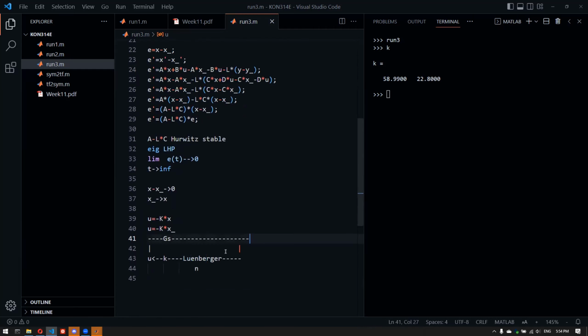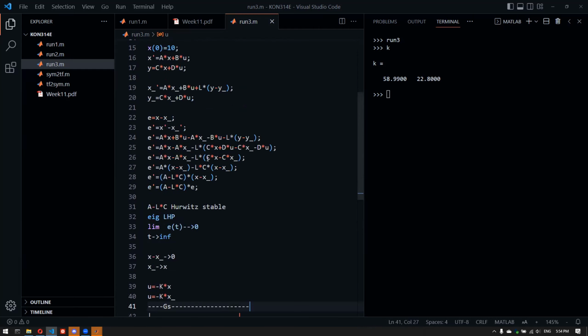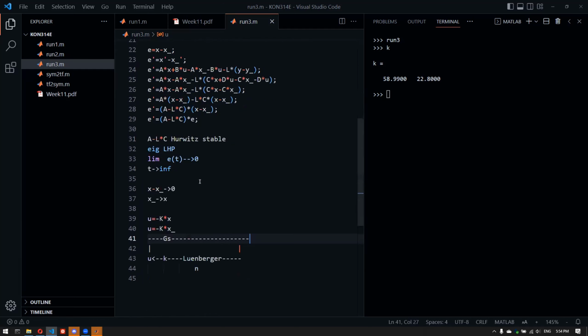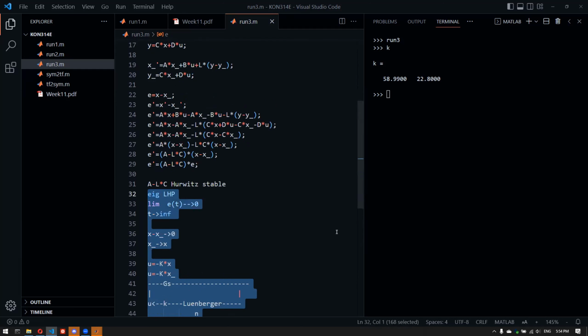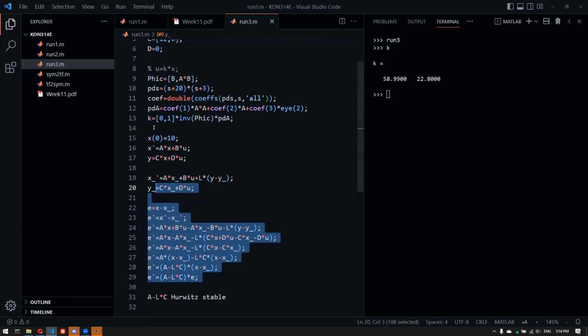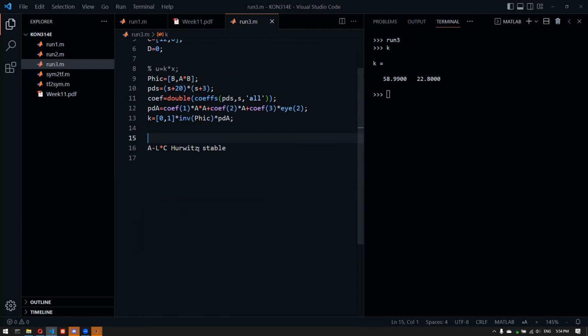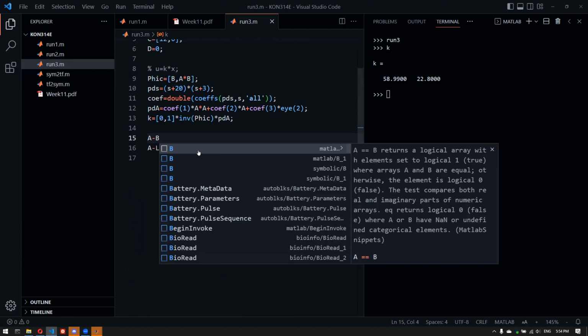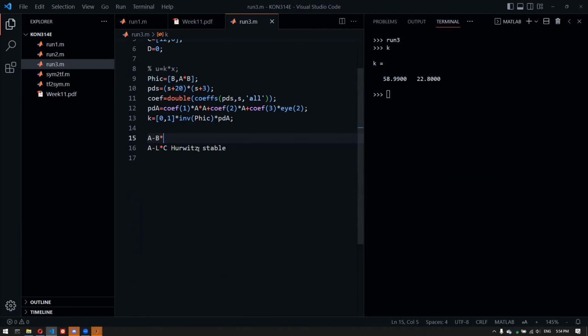And all we need to do is come up with a stable L, or stabilizing L, for A minus LC. And the interesting part about that is we can basically use the same stuff that we've used so far. So here, A minus B times K was Hurwitz stable, because this was the closed loop autonomous system matrix.